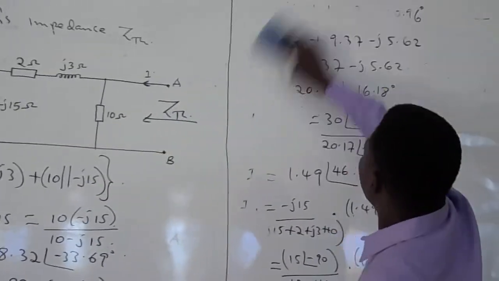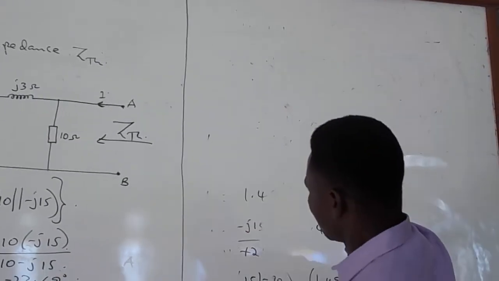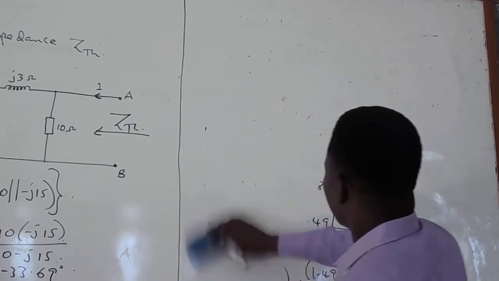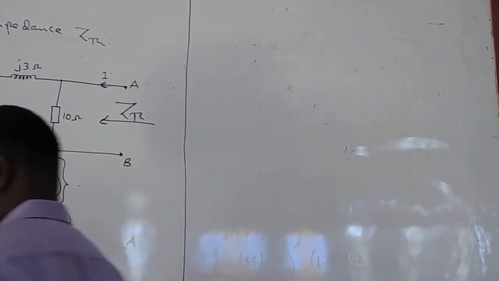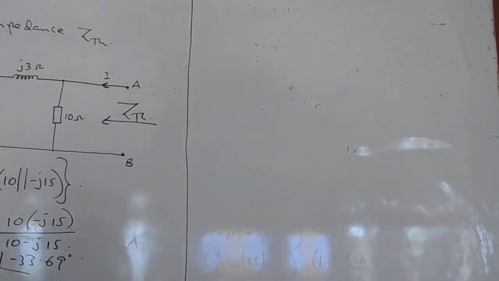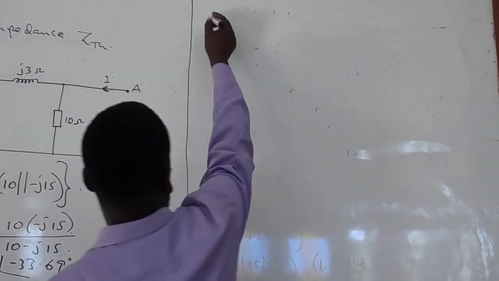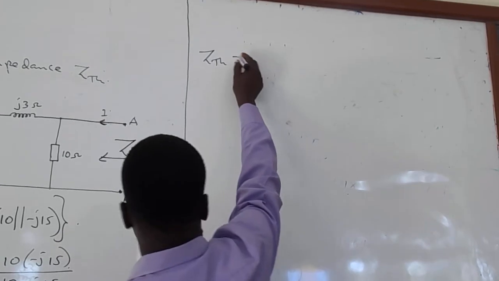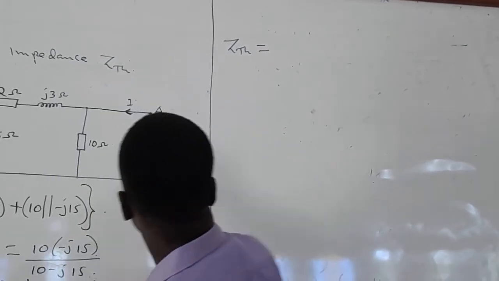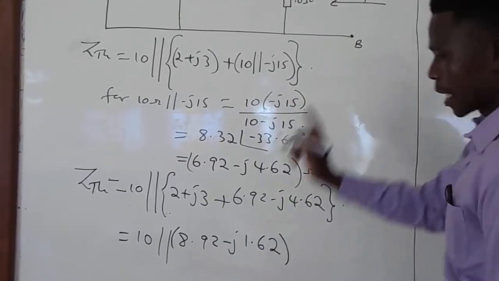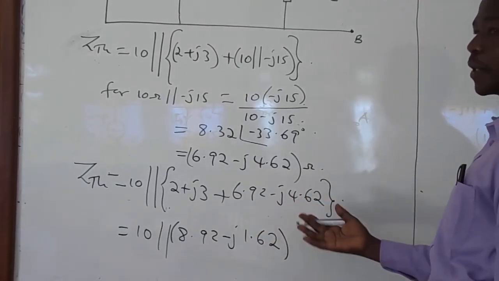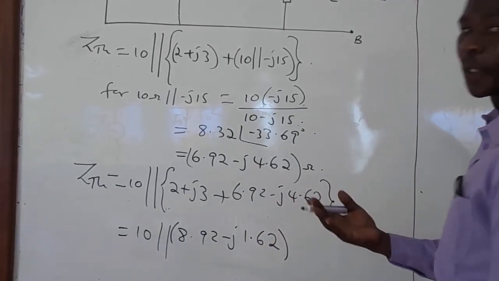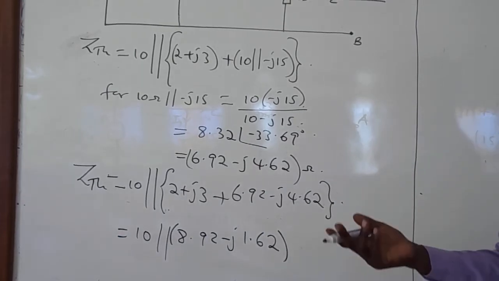On the next page, so continuing, you can see that the Thevenin's impedance is equal to 10 in parallel with 8.92 minus J1.62, and because of two impedances in parallel, we simply take product over sum.